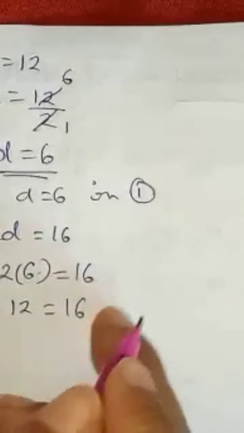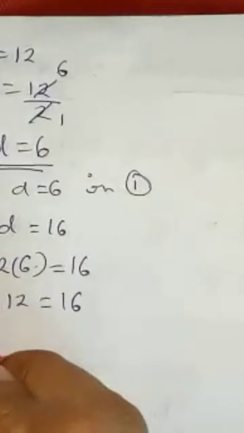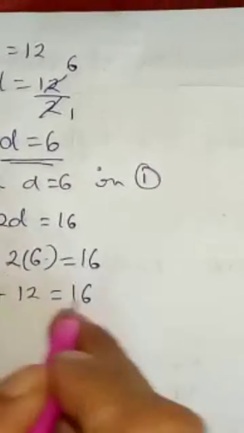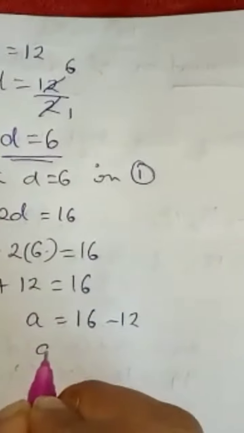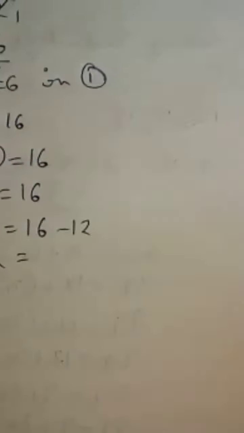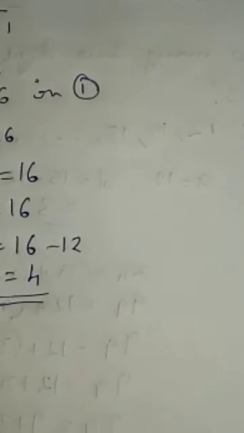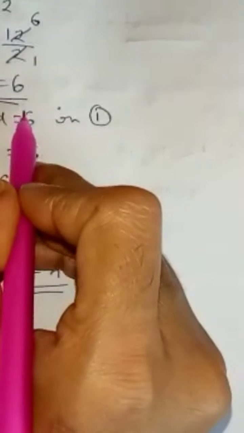Then keep the variable term on one side and numbers on the other side. So take this 12 to the other side. This is plus, so when you take it to the other side, it becomes minus. 16 minus 12, so a is 4. Now you got a and d: a equals 4, d equals 6.